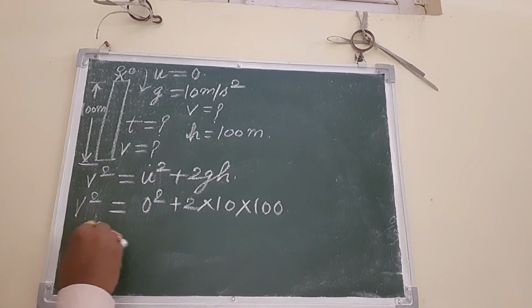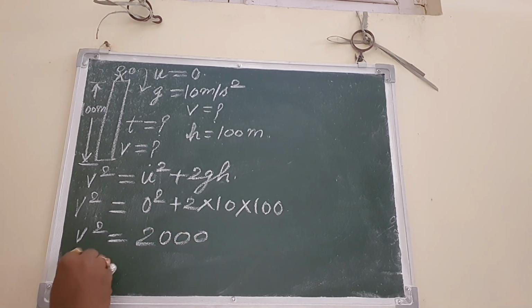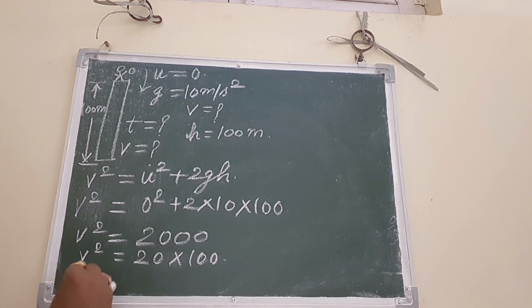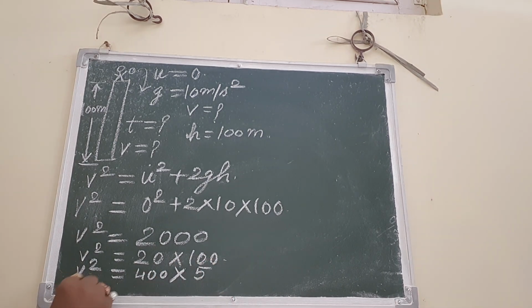So v square is coming out to be 2000. So we can write v square as 400 into 5, so v is coming out to be 20 root 5 meter per second. So this is our answer.